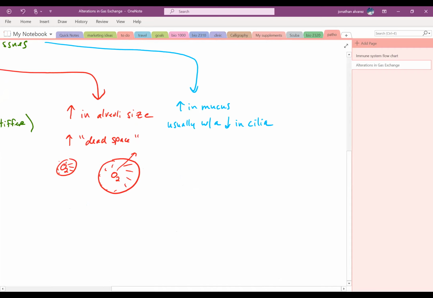And this can actually lead to or cause a non-productive cough. Okay. My personal term for that, I call it an annoying cough. Good grief.